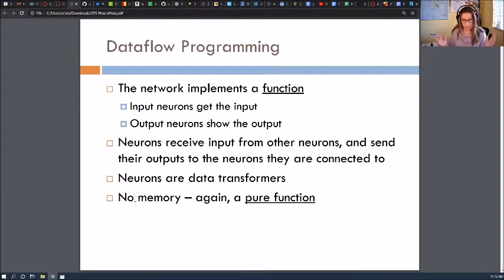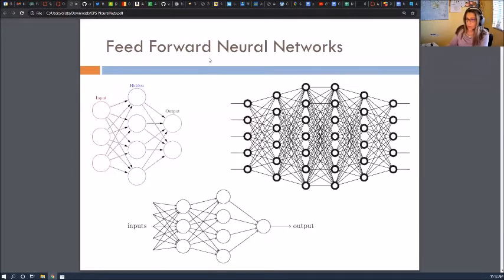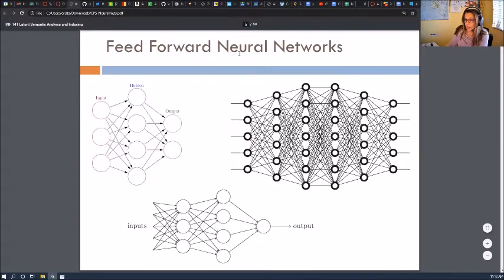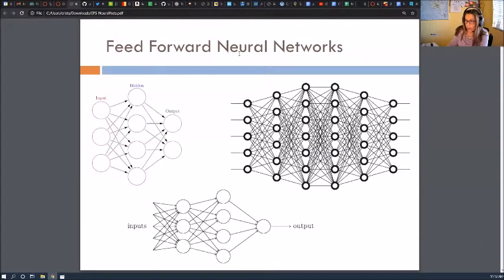Again, as I will explain later, there's a lot of work in trying to make memory emerge, because it turns out that memory is actually quite important for certain problems. So feed-forward networks are the ones that I'm going to cover a little bit more in depth, although I will cover some of the recurrent networks too.